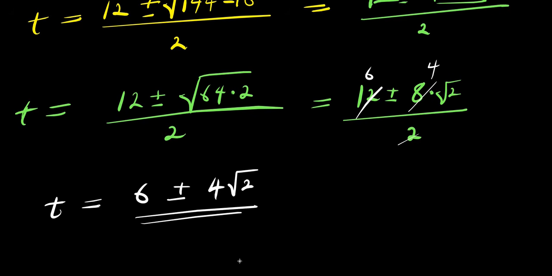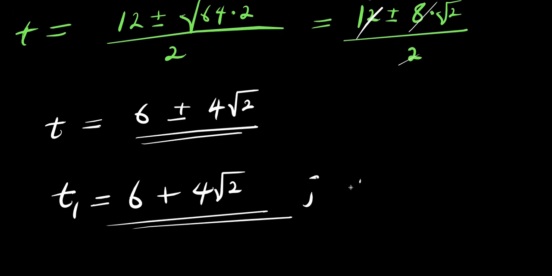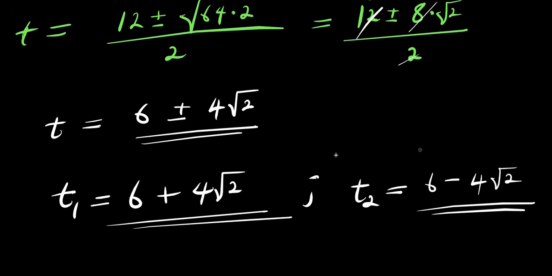So I have two values for t. My t1 will be 6 plus 4 root 2, then t2 will be 6 minus 4 root 2. So these are the two values of t that we have gotten so far.